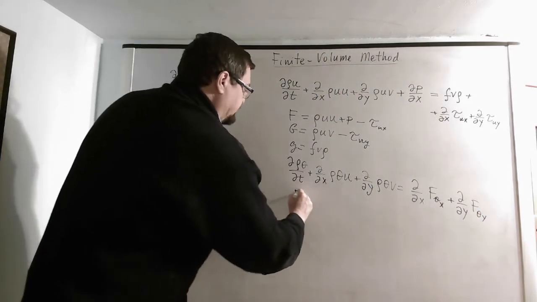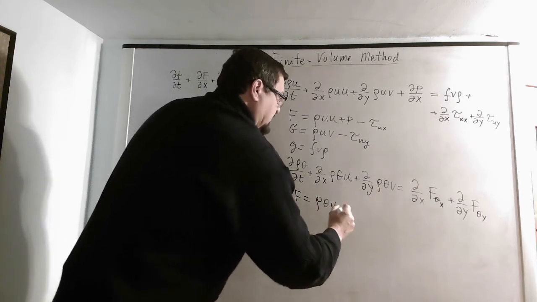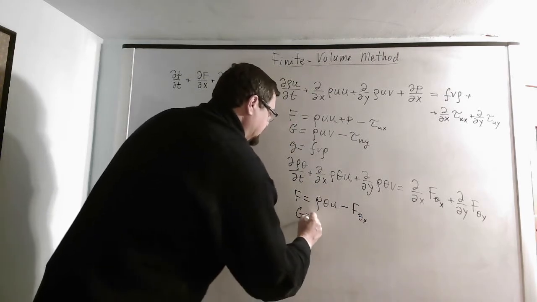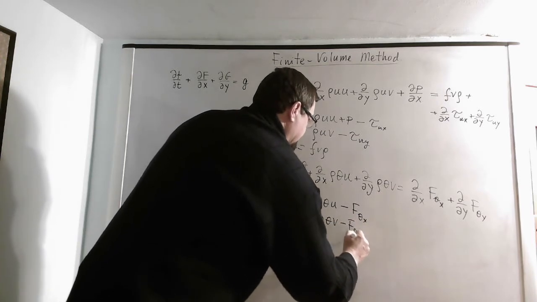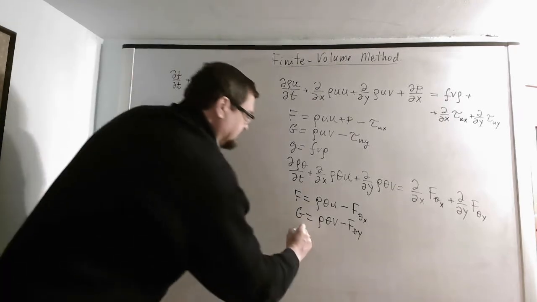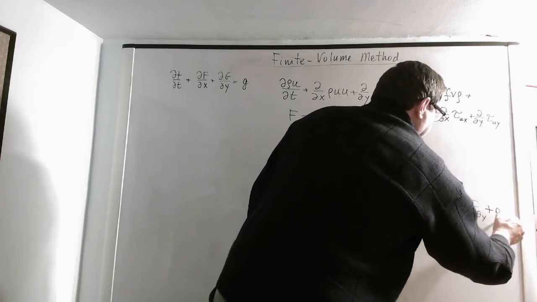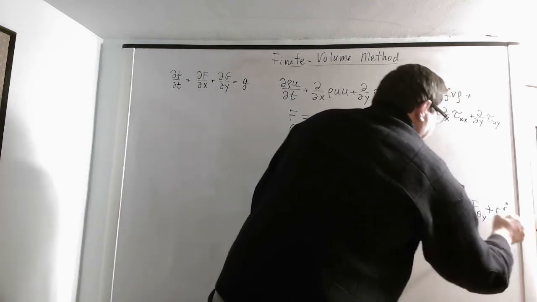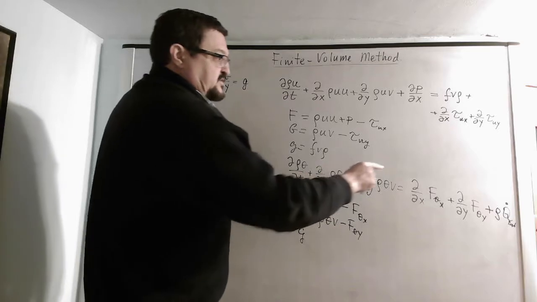In that case, F would be rho theta u minus F theta x, and G would be rho theta v minus F theta y. And the source term would be, in this case, for example, radiative cooling, rho q rad, the rate of change of temperature due to radiation.